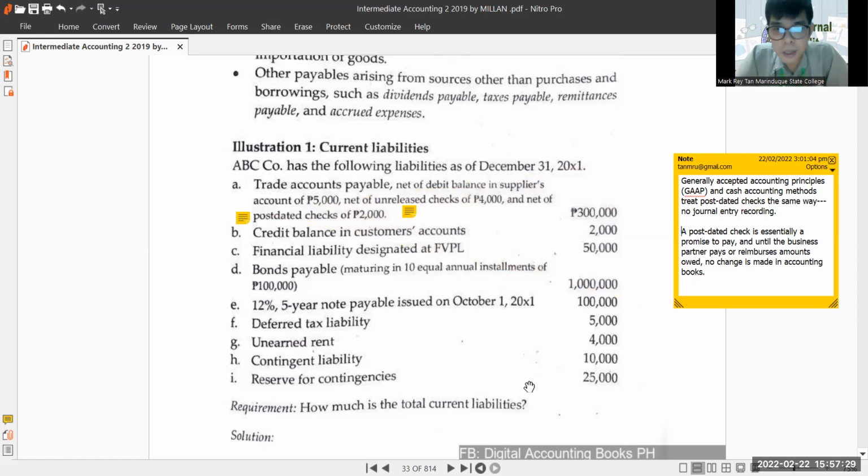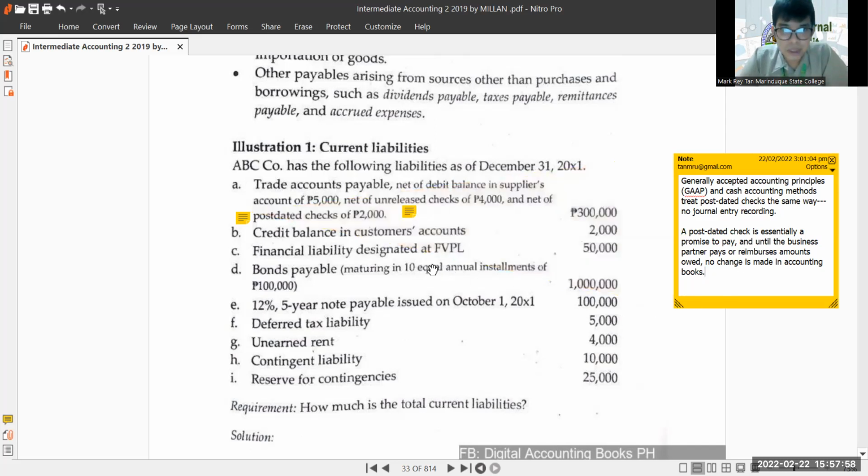Ibig sabihin is yung cheque na in-issue is hindi siya the same date nung transaction, hindi siya the same date nung ginawa ko siya. Kasi normally class, pag nag-i-issue ka ng cheque, kung kailan mo siya in-issue, dun mo siya i-date. Pero pwede mo siyang i-date ng later date. So, sabi dito, a post-dated check is essentially a promise to pay. Okay? So, yun na yan.